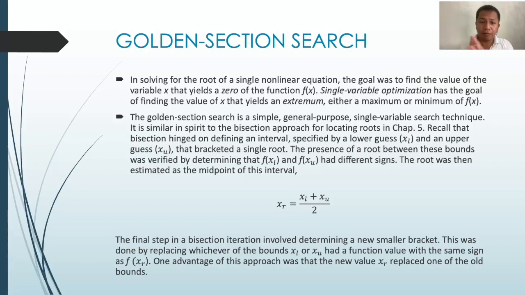The final step of the bisection iteration involved determining a new smaller bracket, done by replacing whichever of the bounds xl or xu had a function value with the same sign as f of xr. One advantage of this approach was that the new value xr replaced one of the old bounds.